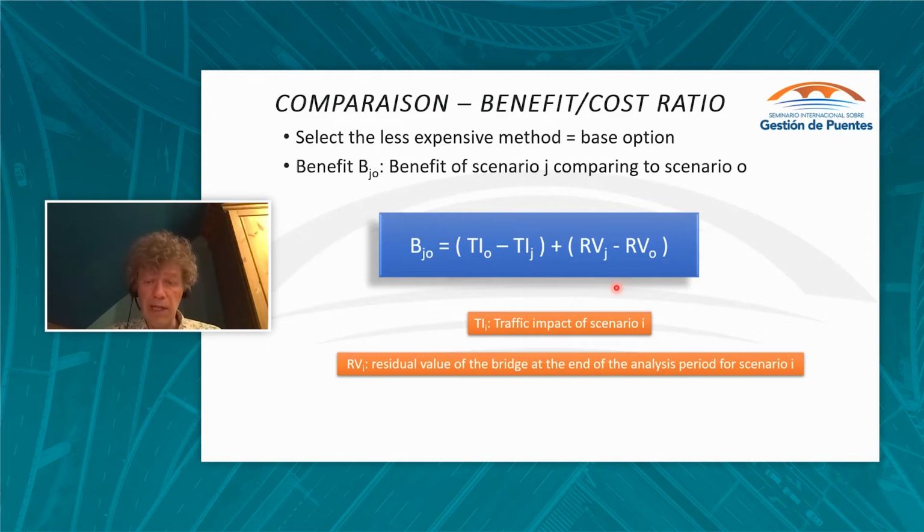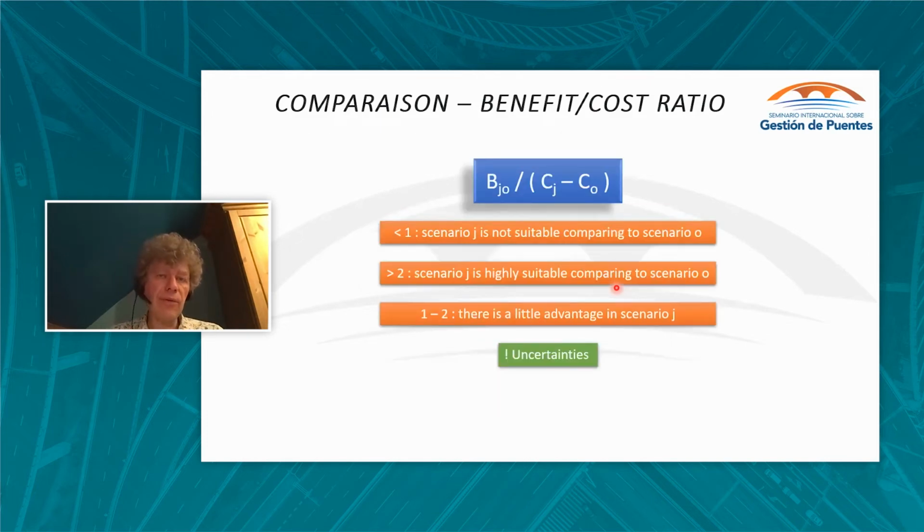I have the benefit, the cost, that's very easy. So I can divide this benefit of one scenario compared to the base scenario by the difference in cost between these two scenarios. If the value is lower than 1, well, then the scenario G is not suitable. We will spend more money.